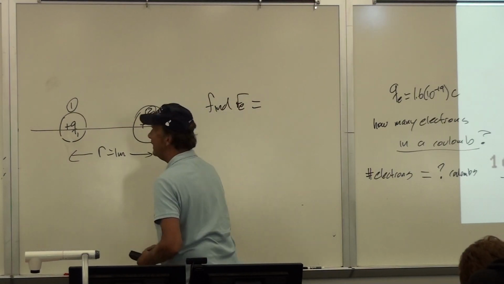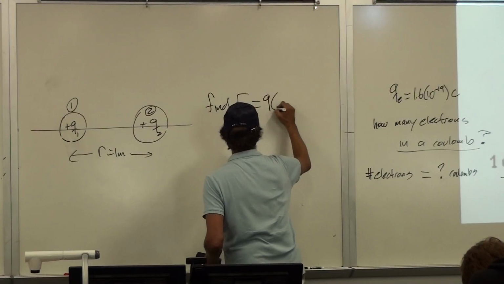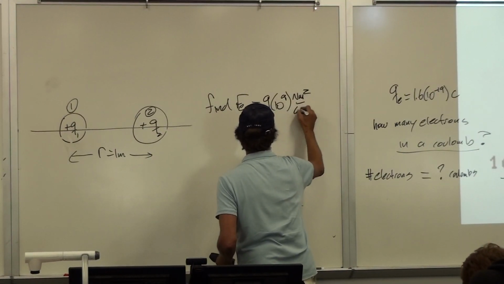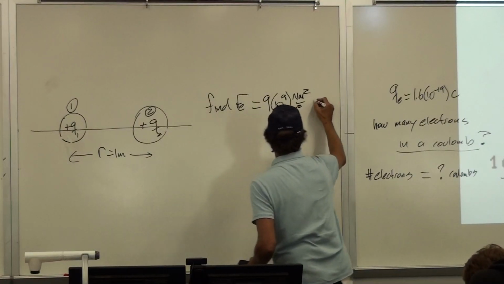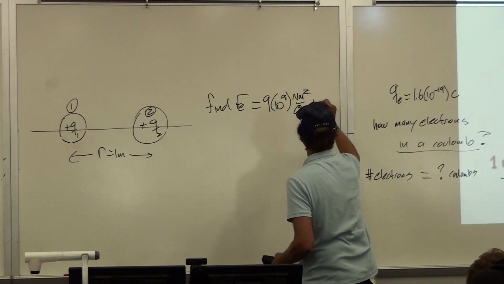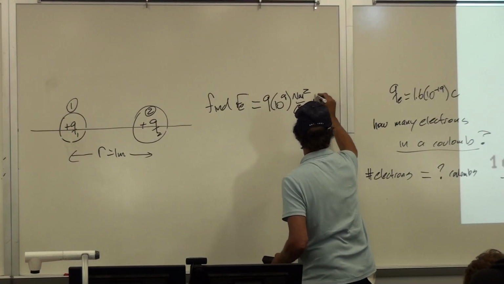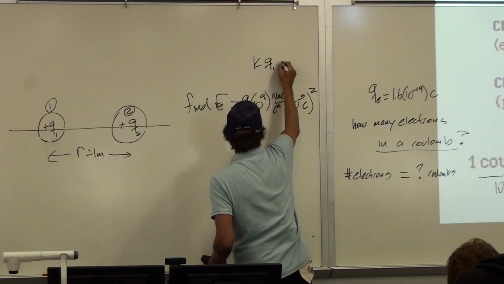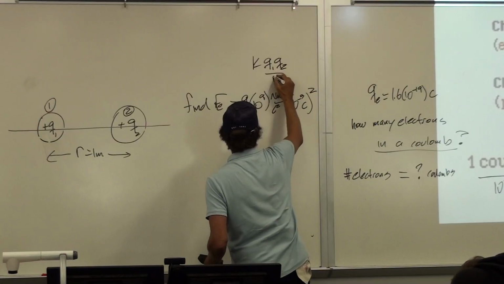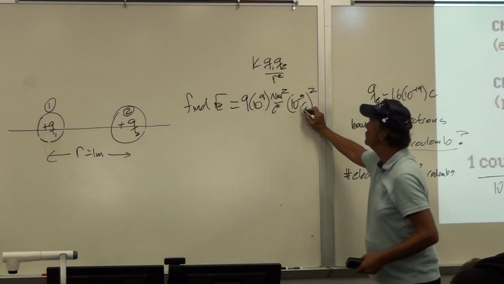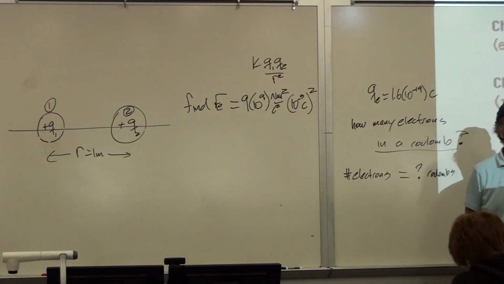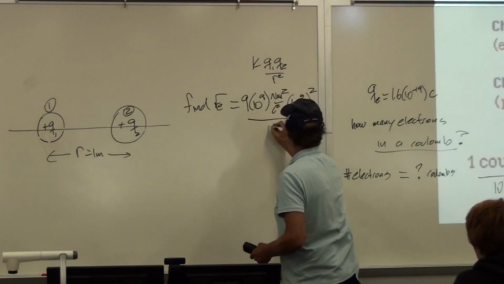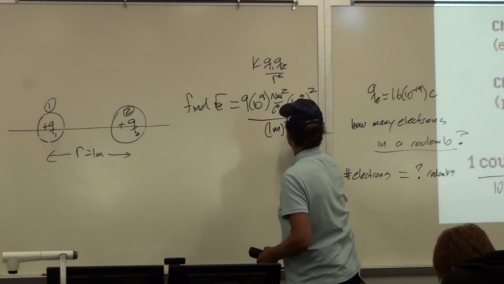So that's going to be our K, 9 times 10 to the 9 newton meters squared per coulomb squared, times the product of the charges, that's going to be 10 to the minus 5 coulombs squared. Remember, it's K, Q1, Q2 over R squared. So Q1 and Q2 are equal to 10 to the minus 5. Then we'll divide that by 1 meter squared.